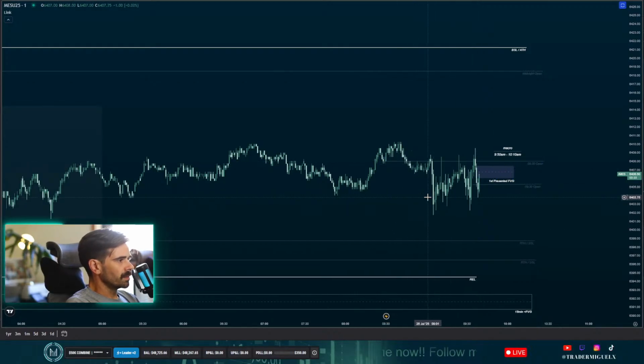So yes, it's still inside the range. So it's just accumulating here. Nothing to do about it.